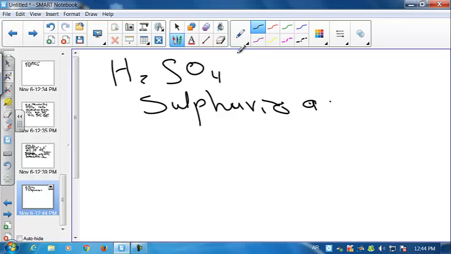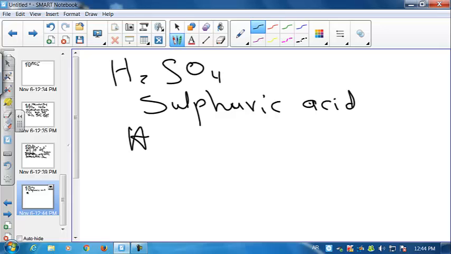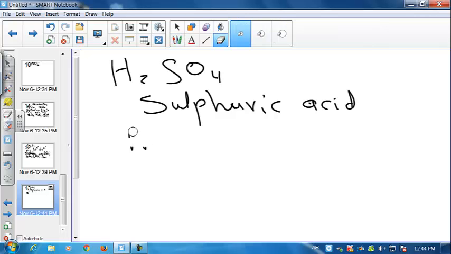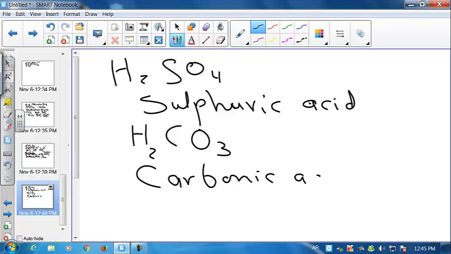H2CO3 is dihydrogen carbonate, yes, but as an acid, because it contains hydrogen, oxygen, and another nonmetal, it is an oxy acid, so we call it carbonic acid.